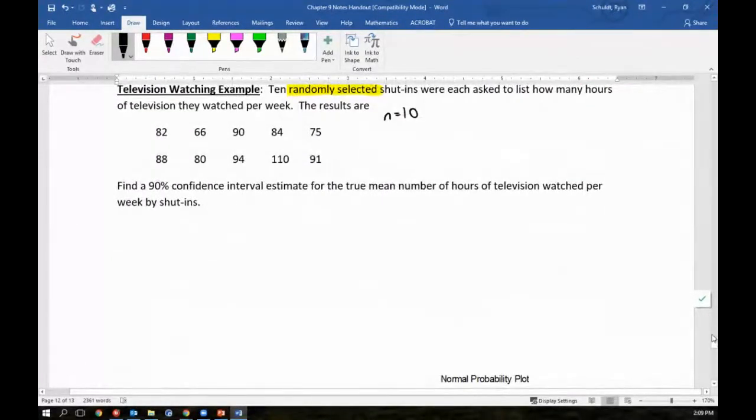So what did y'all get when you put these into one variable stats for x bar? 86 and 11.4. 86, and then S is 11.84. Okay. Now, what's our n? What did we say it was? N equals 10.